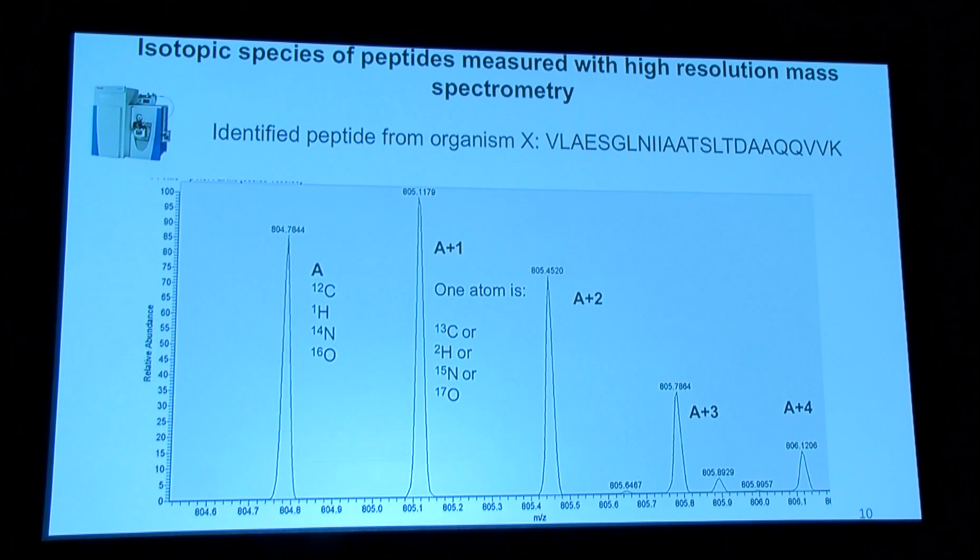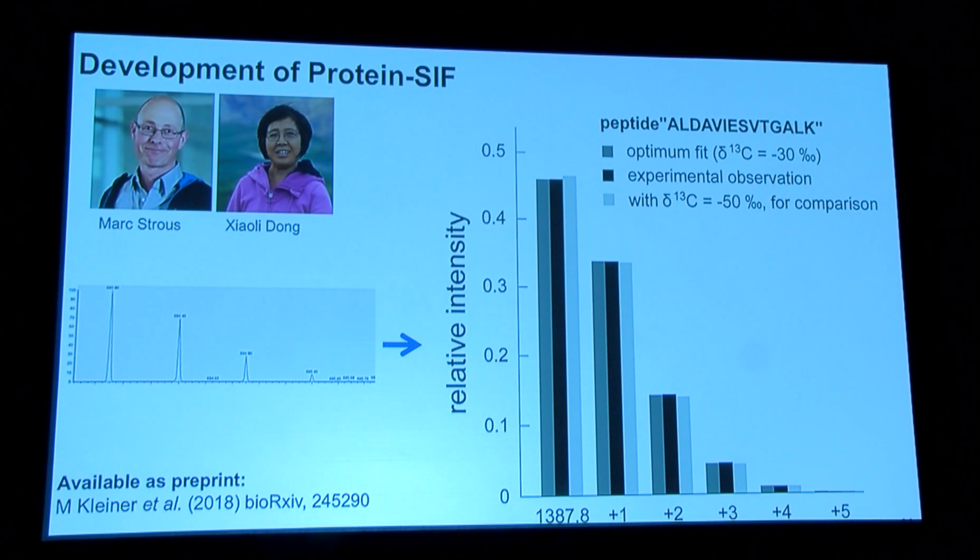If we zoom into one of these peaks, we can see that one peptide is composed of multiple isotopologue peaks. The first peak is the monoisotopic peak, where all the atoms in the peptide are the normal standard stable elements. In the second peak, one of the atoms is exchanged for a heavier stable isotope, for example carbon-13 or N15. The third peak has two of them, and so on. So we get really nice isotopic patterns that we can extract from our data, and we can link them to the taxonomy based on our identifications.